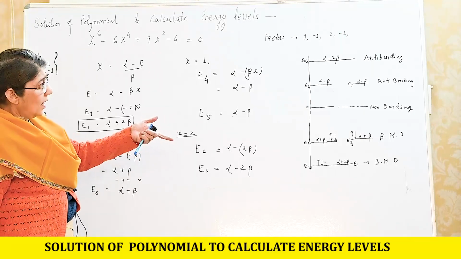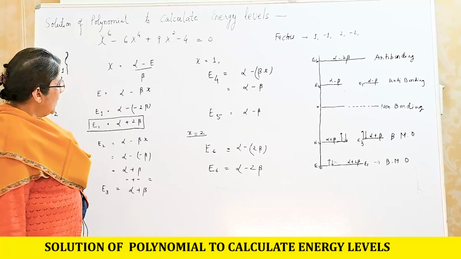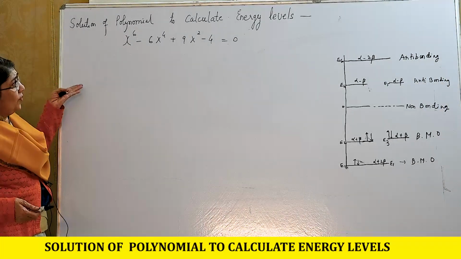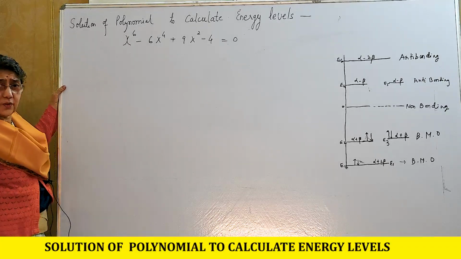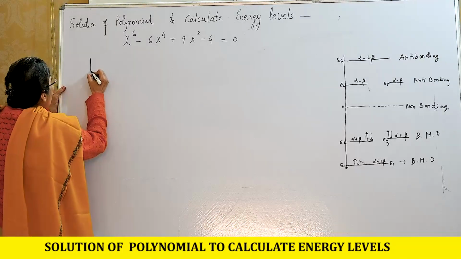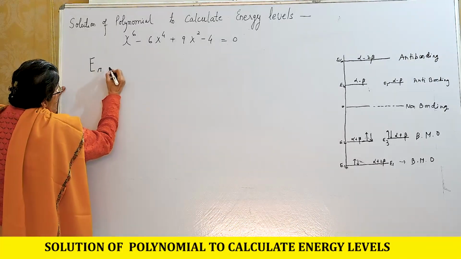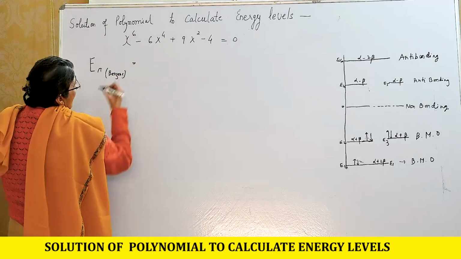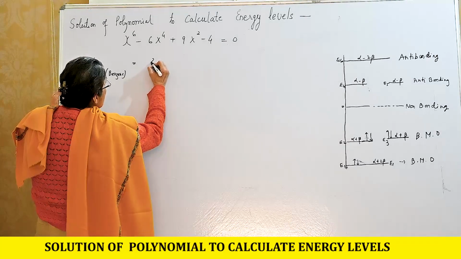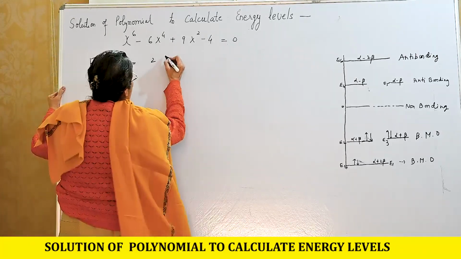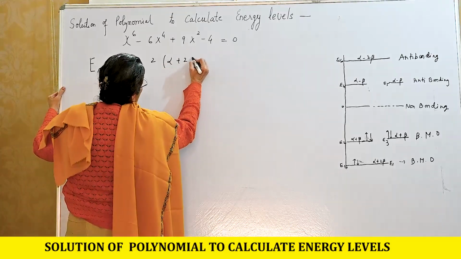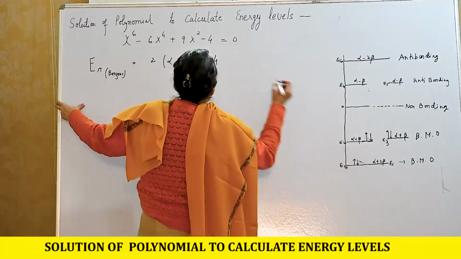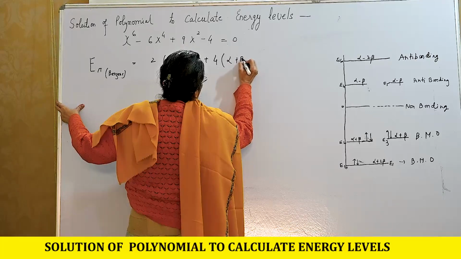Now we calculate the aromatic stabilization. If we calculate the pi electronic energy for benzene, then E pi for benzene is: 2 electrons in the bonding orbital, alpha plus 2 beta, and 4 electrons in these orbitals, alpha plus beta.